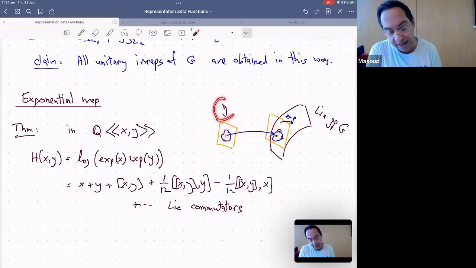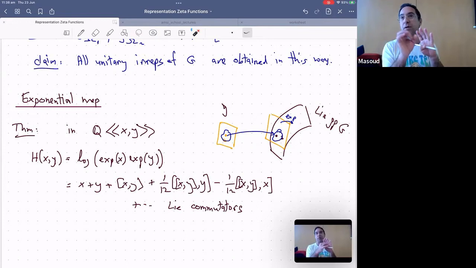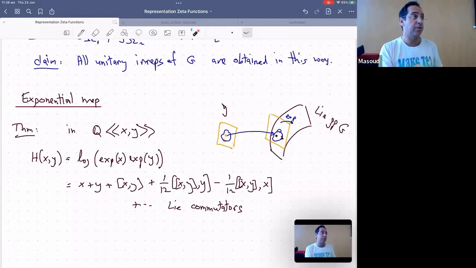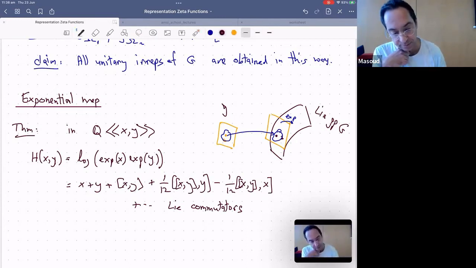And that means that the Lie algebra knows about the multiplication here completely. That can only be done in a neighborhood of the identity. So in this sense, the Lie algebra only sees the local behavior of the Lie group. But this is exactly where the transition from Lie groups to Lie algebras occurs. So that's the first part of the theorem.